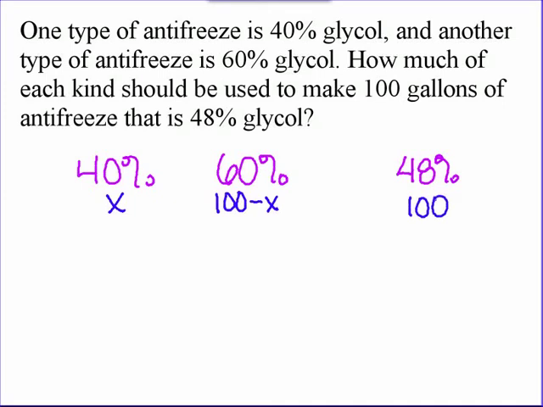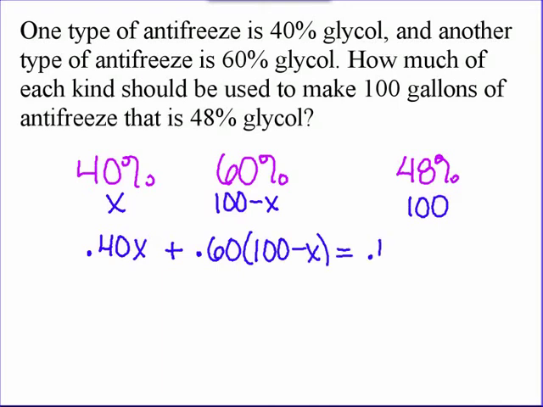So what are we going to do with those numbers? Write an equation. I'm going to take 40% times X. I'm going to add that to 60% times 100 minus X. And that's going to equal 48% times 100.